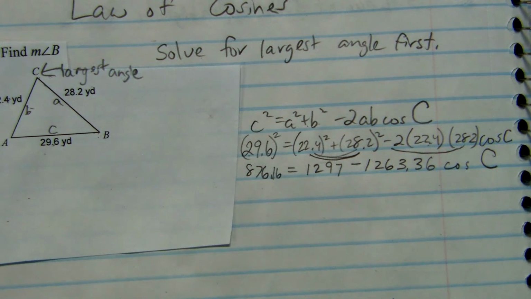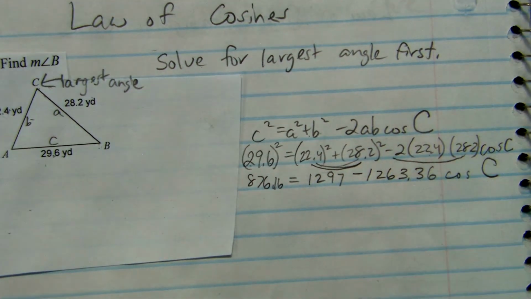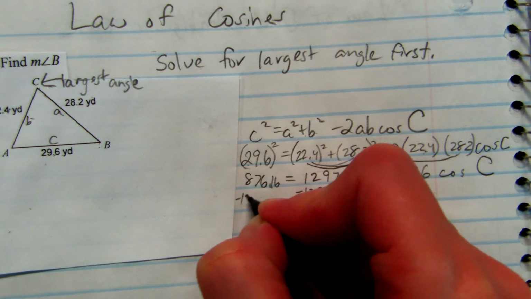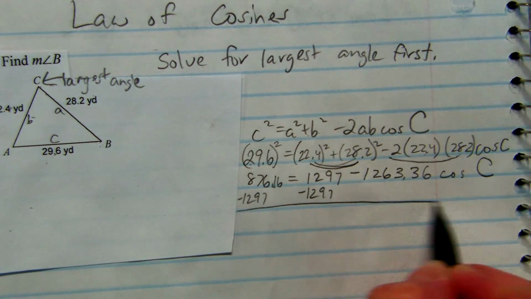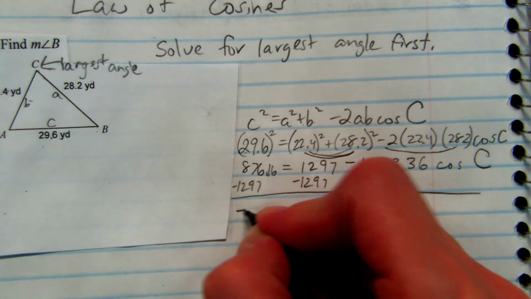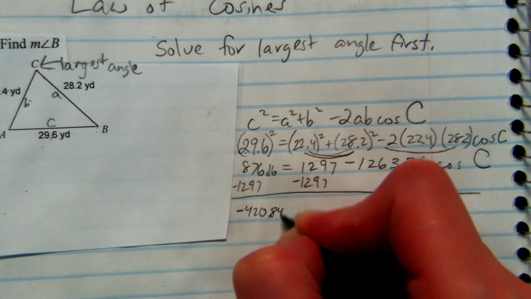Now you guys help me. How do we solve for the cosine of C? What will we do next? Subtract the 1297. So if we subtract the 1297, we get negative 420.84.